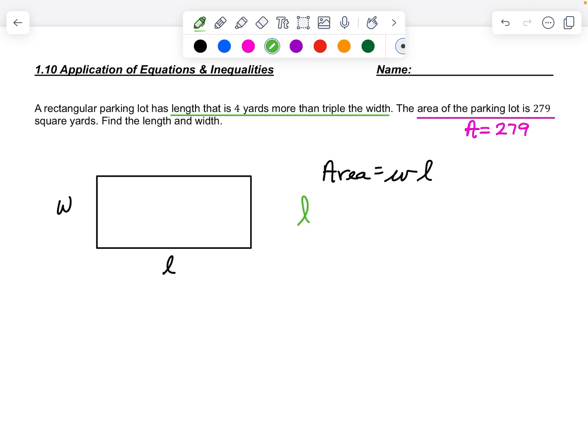So we also have something for the length. So then we're going to substitute in. We're going to say 279 is equal to the width, which we don't know, times the length, which is 3W plus 4.